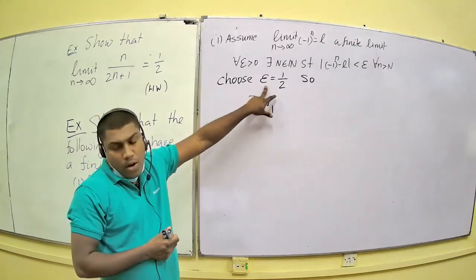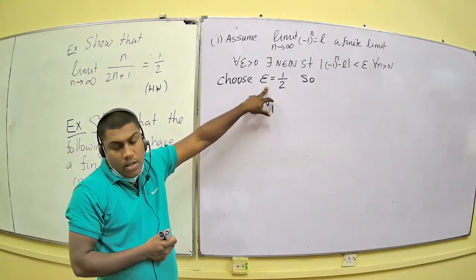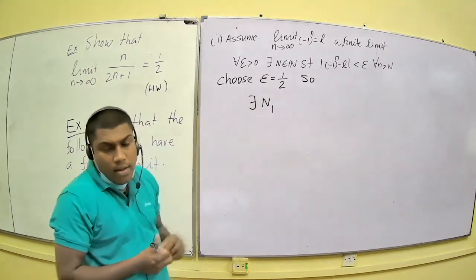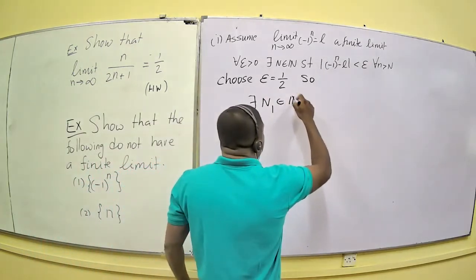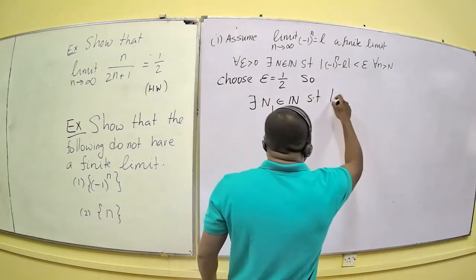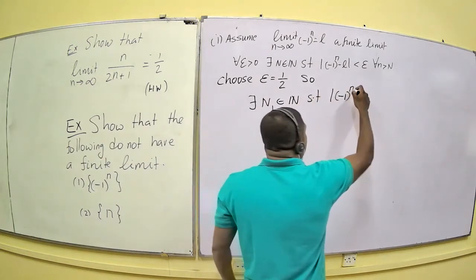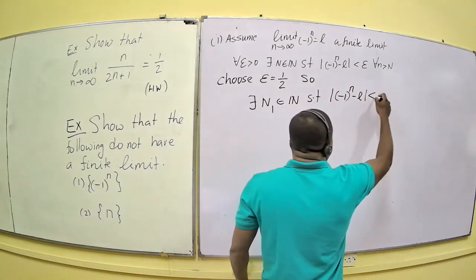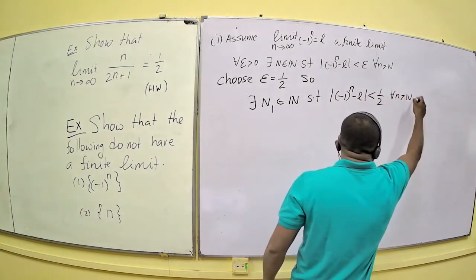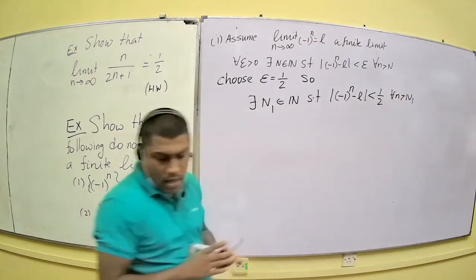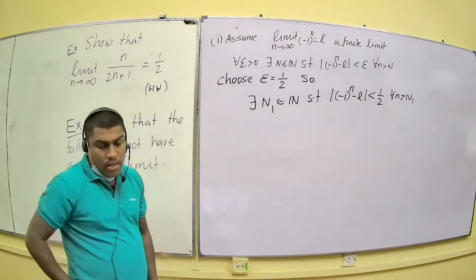Here, because you fix epsilon equal to 1 upon 2, we have a fixed N. So N1 belongs to the natural numbers such that |(-1)^n - L| is less than half for all n greater than N1.